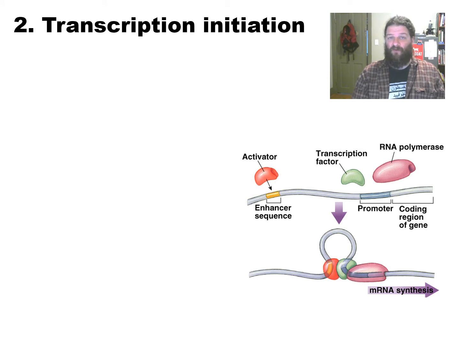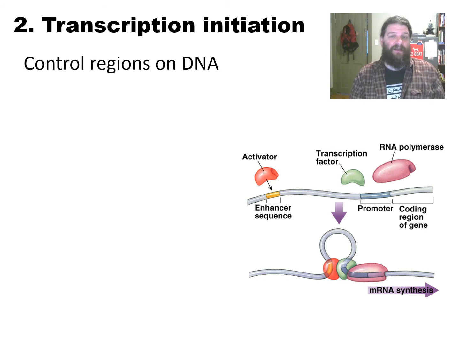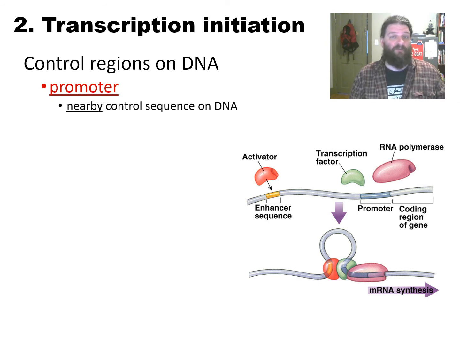Speaking of unwinding DNA and allowing transcription factors to get access, remember when we talked about transcription, we introduced this idea that there's more to a gene than just the section that codes for the protein. There are also all of these other sections that are involved in allowing that coding section to be coded for. We have the promoter region, which is relatively close.